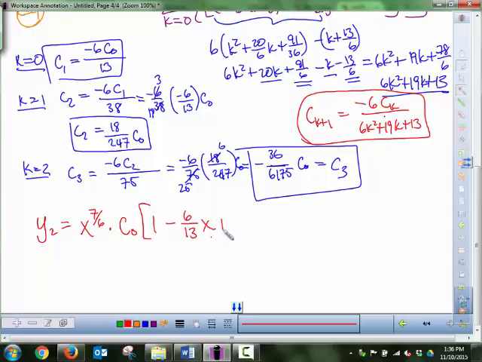The next one is a positive, c sub 2 times x squared. c sub 2 is 18 divided by 247 times c sub 0, which we factored out. Multiply this times x squared, and then minus 36 over 6175 c sub 0, which we factored out. And this is c sub 3, so this is multiplied by x cubed.